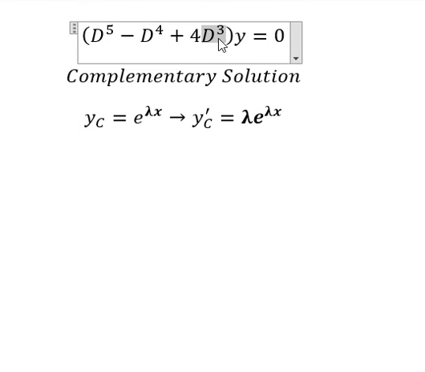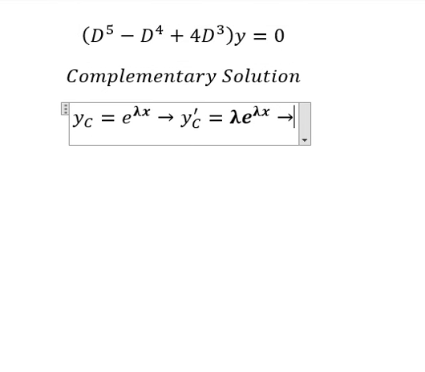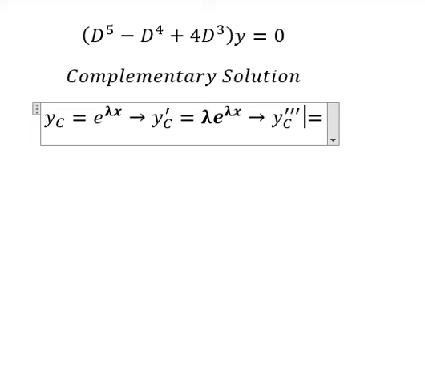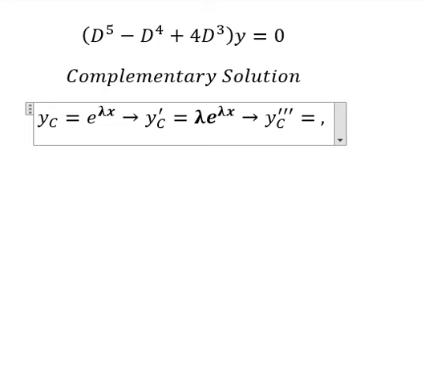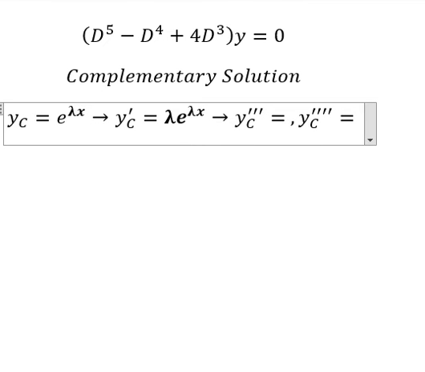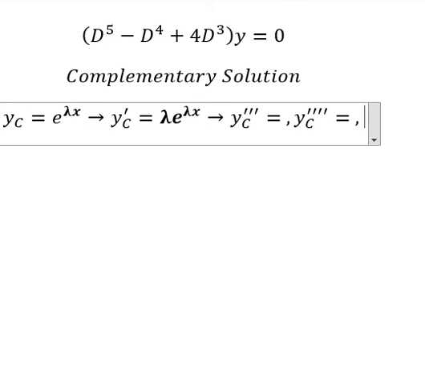On the question we have number 3, number 4 and number 5. That means we need to do third derivative of this one and fourth derivative of this one. And fifth derivative of this one.